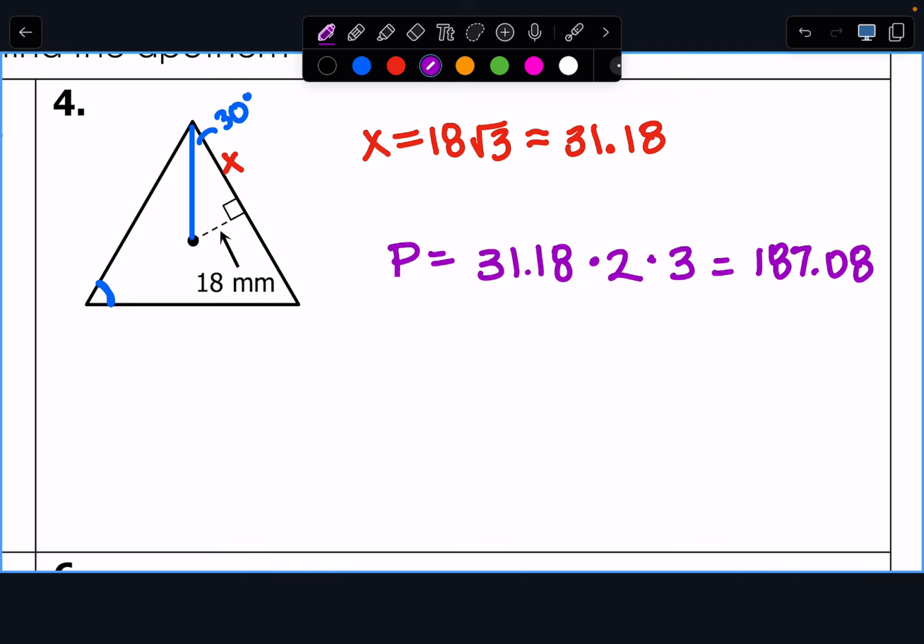I did it without rounding. Just let him be him. Okay. So now area is 1/2 times the apothem times the perimeter.